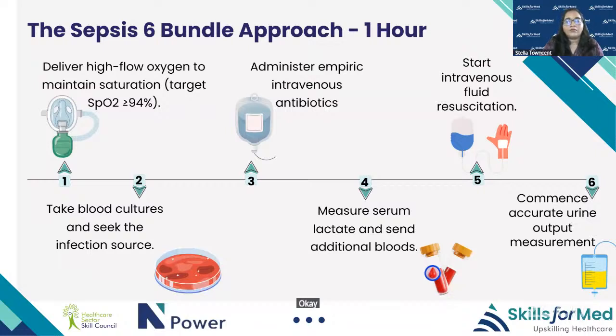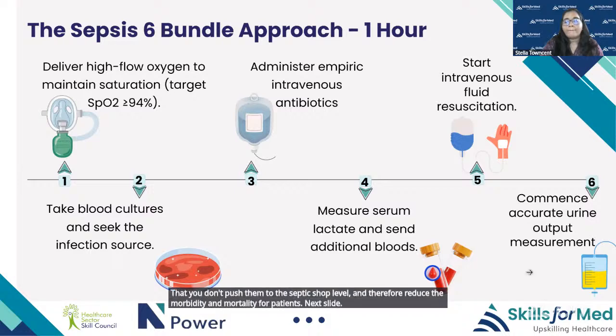Okay, all this should be achieved in the first hour of suspicion of sepsis. So that is known as the sepsis 6 bundle. If this is done, several studies have shown that you don't push them to the septic shock level and therefore reduce the morbidity and mortality for patients. Next slide.